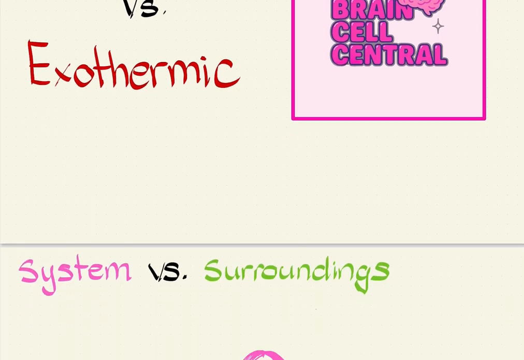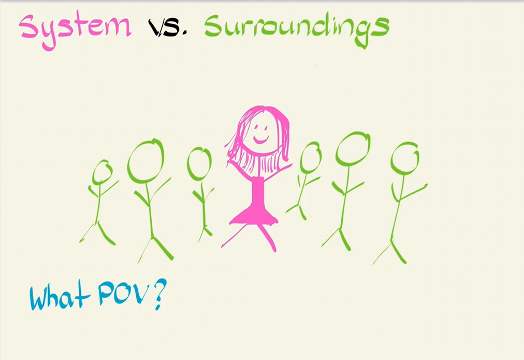So the first thing that you need to understand is how to decipher between the system and the surroundings in the question. And essentially that just means what POV the question is asking from. Think of it as the system is the main character. So this is the main character, this is our system.